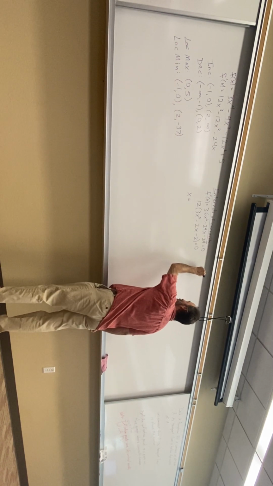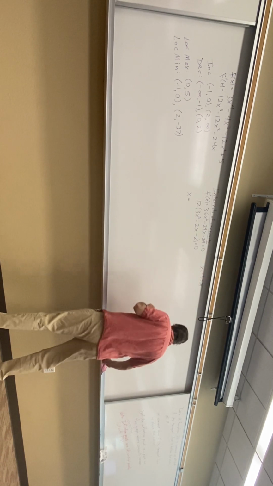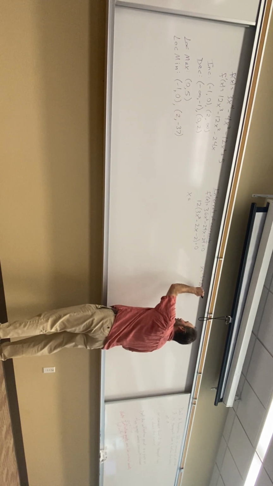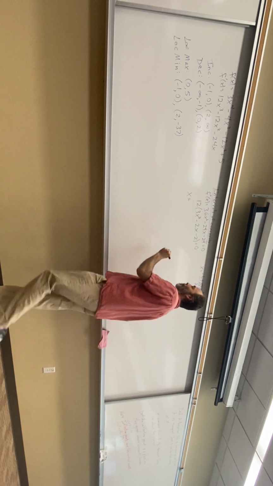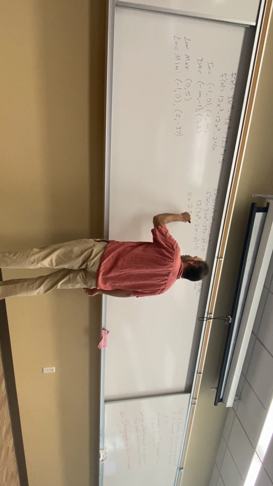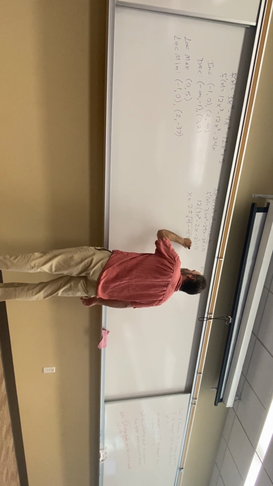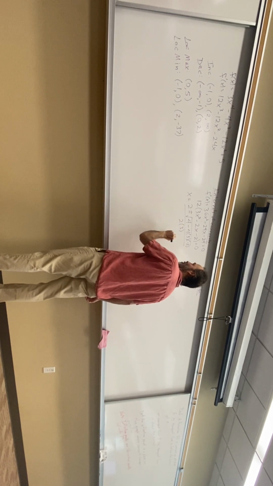The quadratic formula is negative b plus or minus the square root of b squared minus 4ac, over 2a. So we're going to do 2 plus or minus the square root of 4 minus 4 times 3 times negative 2, all over 2 times 3.